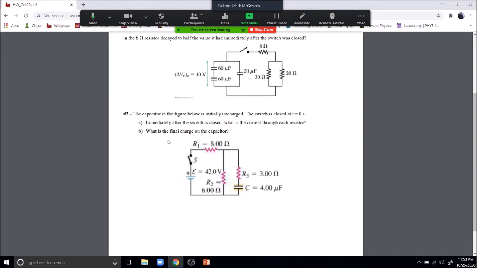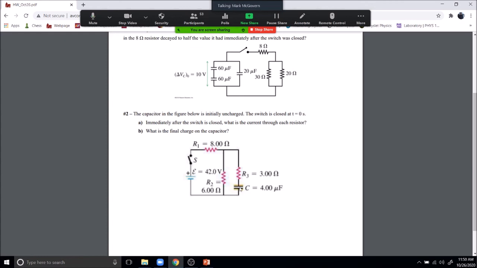Part B, what is the final charge on the capacitor? So now this is assuming that we leave the switch closed for an extremely long period of time, and then we use the same logic from the last problem there. Once the capacitor gets fully charged, the right side of this circuit doesn't have any current flowing through it because the capacitor has reached its final charge, and no current can flow once it reaches final charge.